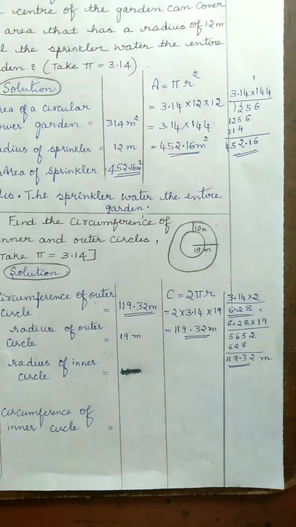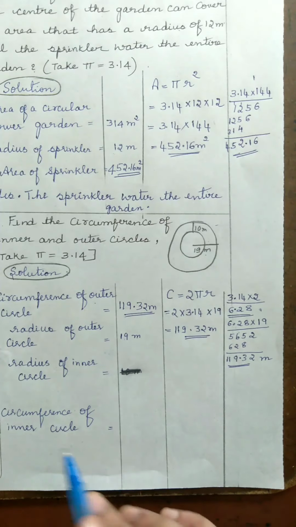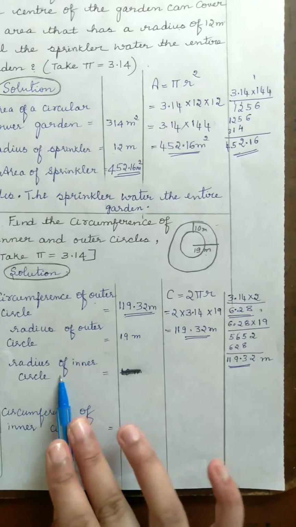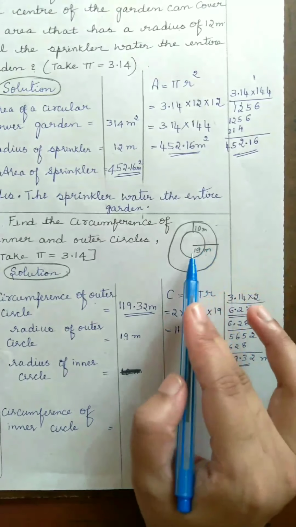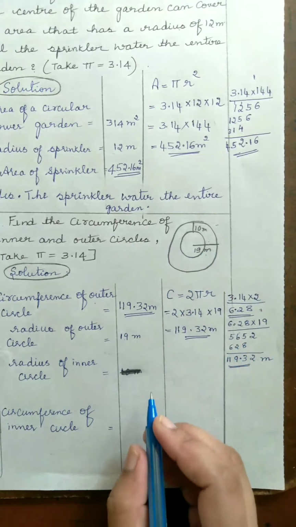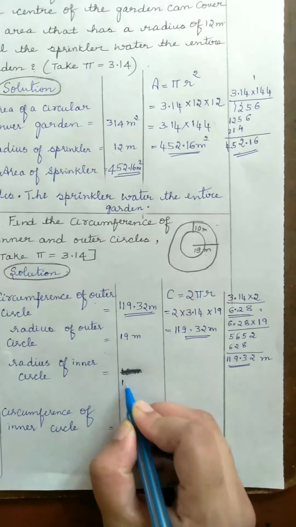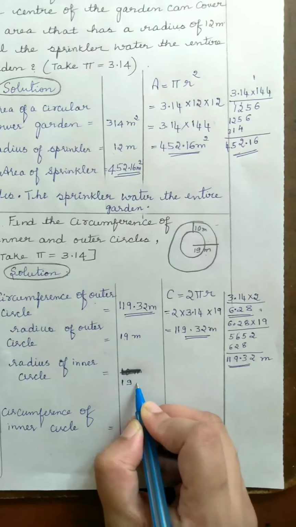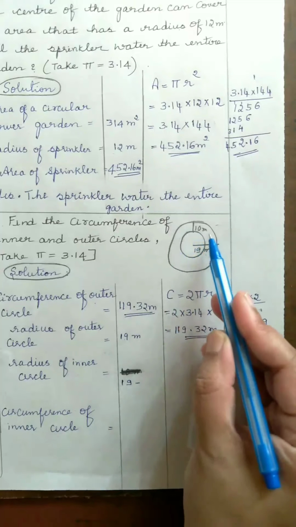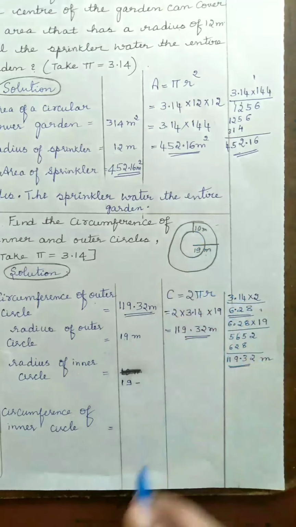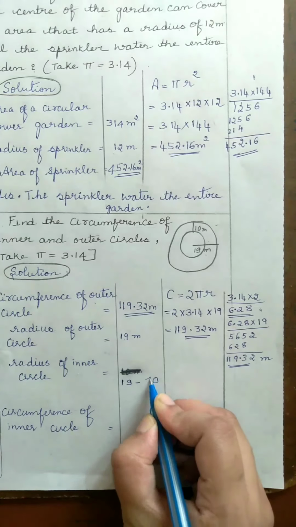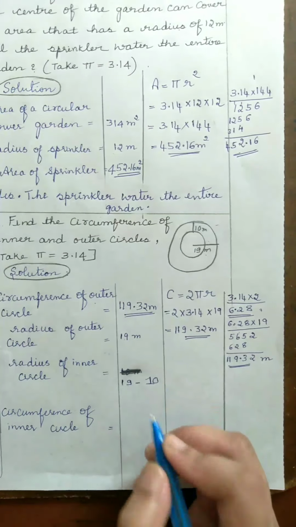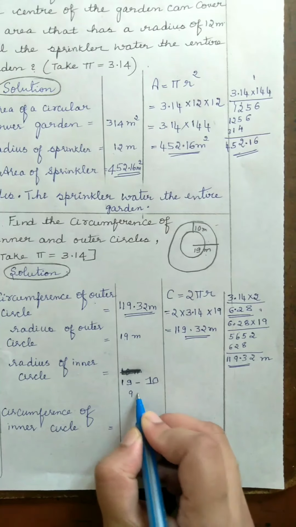So children, to calculate the circumference of the inner circle, we want just the radius of the inner circle only. So to find out the radius of the inner circle, we can subtract the radius of the outer circle minus the smaller circle which is having the radius that is 10. Therefore, 19 minus 10, we will get 9 centimeter.